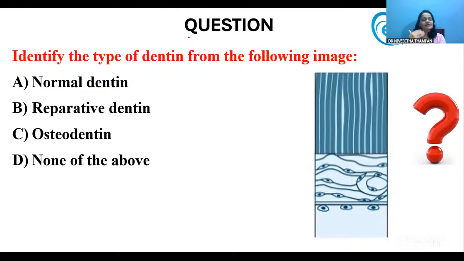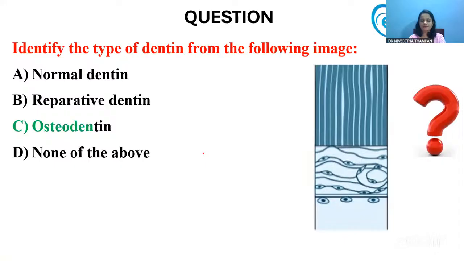The dentin that looks like bone is called option C, osteodentin. So this is a typical image of osteodentin.